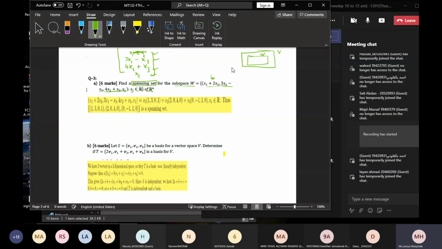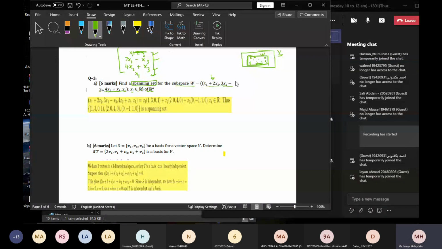Now we want to find a spanning set for this. What is the spanning set? We said before, if I have some elements from this vector space, and I can do a linear combination and find all the other elements by doing linear combinations of these elements, correct? So this space is a subspace.